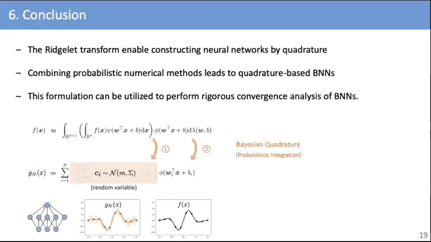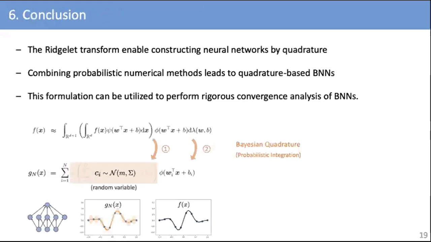This talk is quite introductory, but this formulation based on Bayesian quadrature and the Ridgelet transform is useful to show more general theoretical properties of Bayesian neural networks, such as convergence rate or consistency. Our new and more general results will be online soon as well. So this is the end of the presentation. Thank you so much for listening.